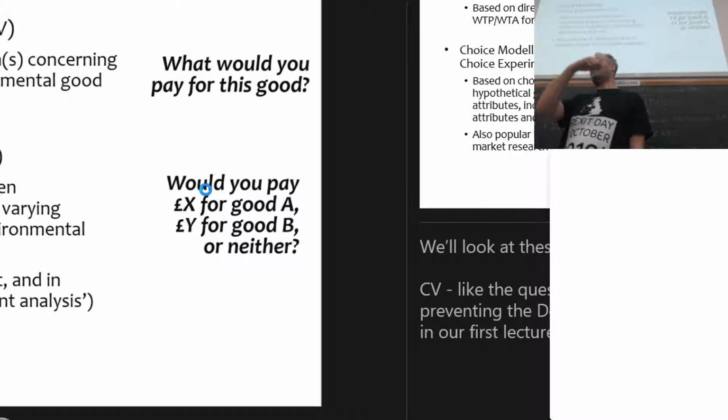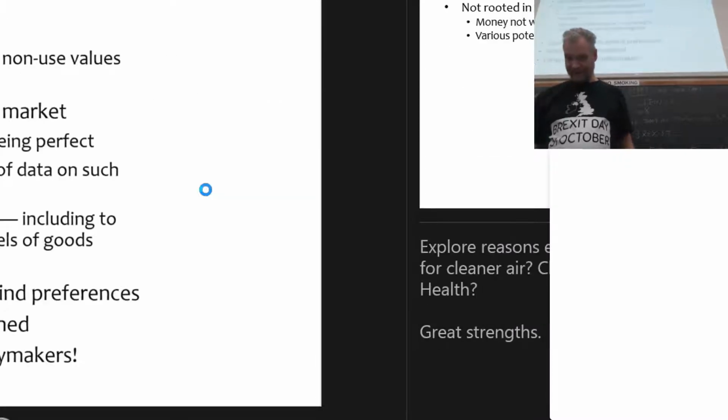And then you ask them, which of these 5 alternatives do you like best? And then you infer a demand function from that. So that's essentially what we do, and we're going to look at this in more detail.